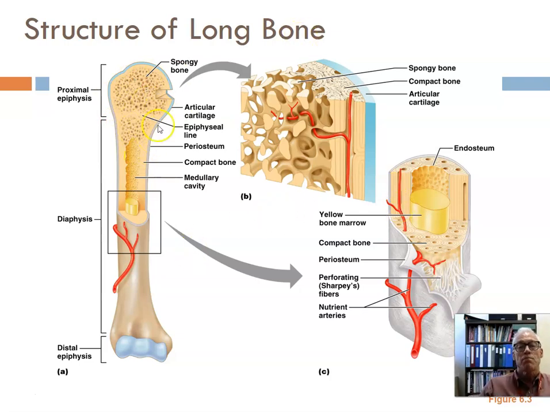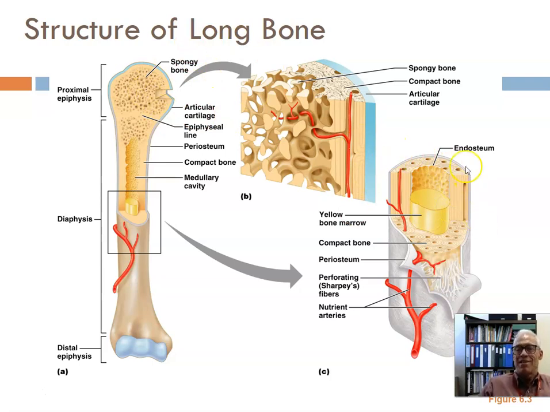Okay. The surface of the bone has a protective covering on it, and as we said, on the ends of bones where the movable joints form, there's a layer of hyaline cartilage. That's called articular cartilage because articulations are joints. It reduces friction.